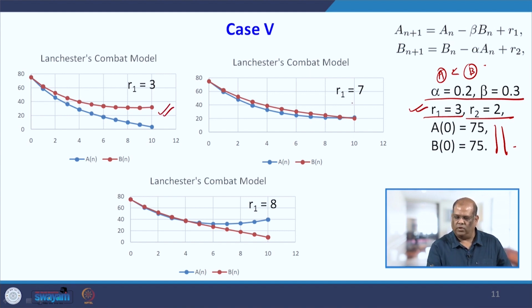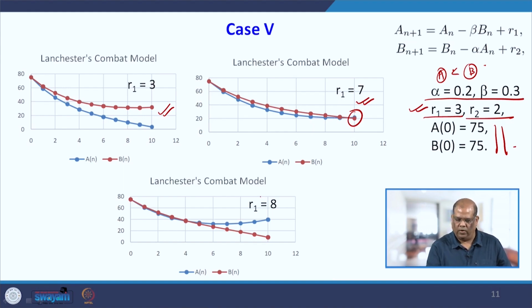If the reinforcement becomes more for team A, you see when it is 7, they almost have equal chance of winning the war. Both the teams have the equal chance.